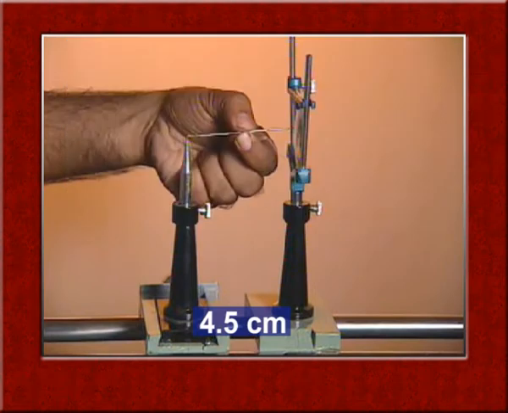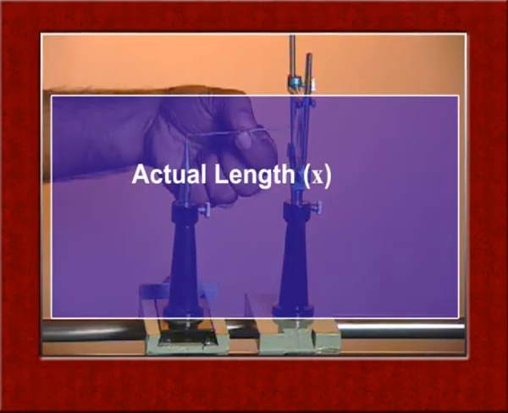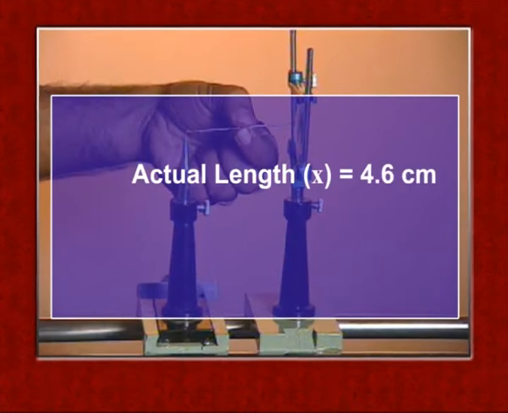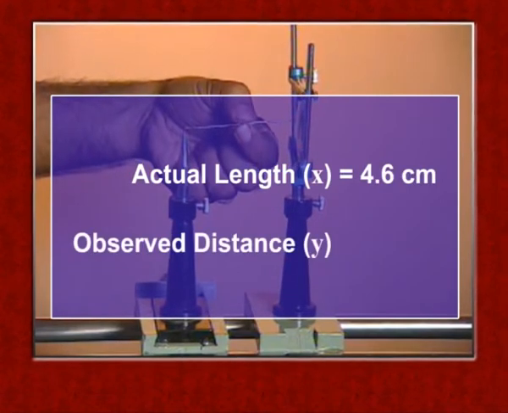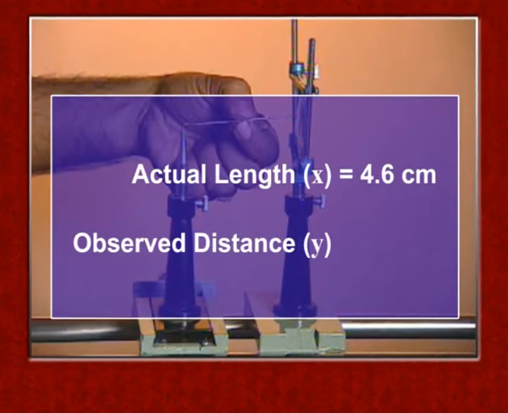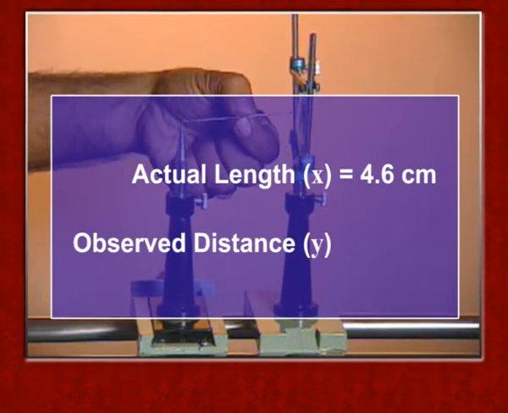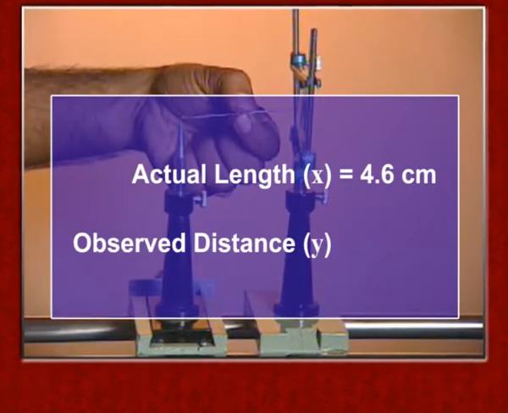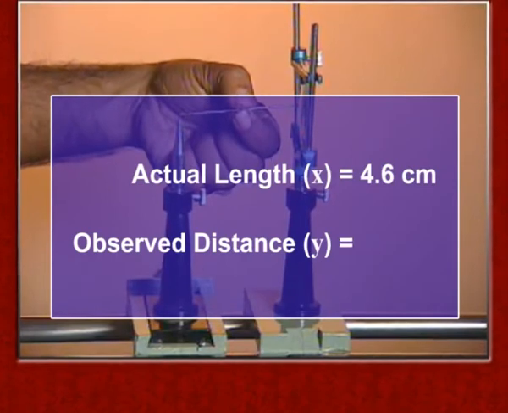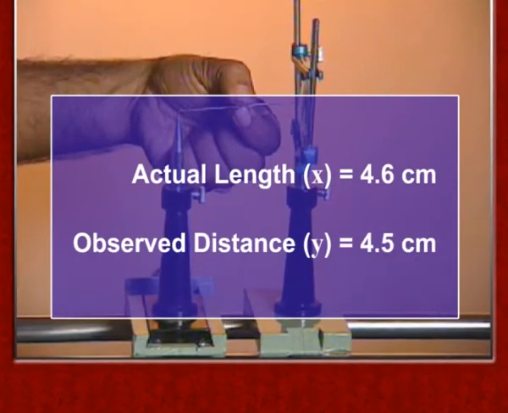In this experiment, the actual length of the knitting needle is 4.6 centimeter, and the observed distance between the object needle and the lens when the knitting needle is placed between them is 4.5 centimeter.